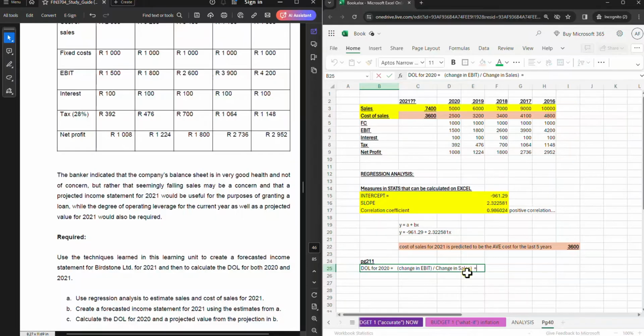Which is, in brackets in the numerator, the quantity times price minus variable costs, close brackets, divided by another bracket, quantity times (P minus V), which is the same figure as the top, minus the FC.